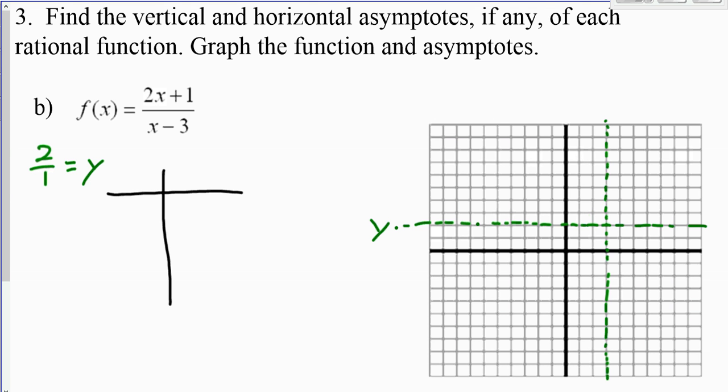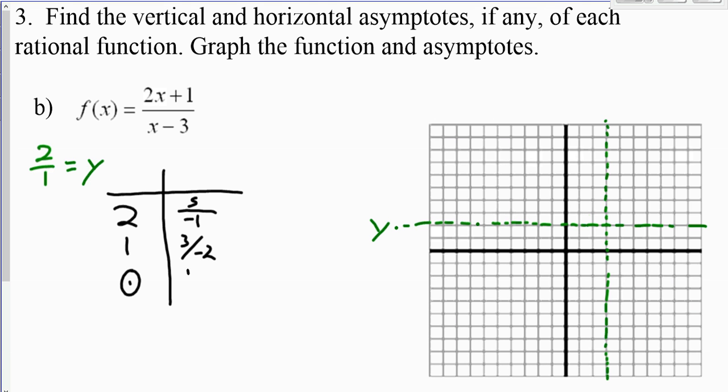So when x is 2, 1, 0: when it is 2, I get 5 up top over negative 1. When it is 1, I get 2 plus 1, which is 3, over negative 2.